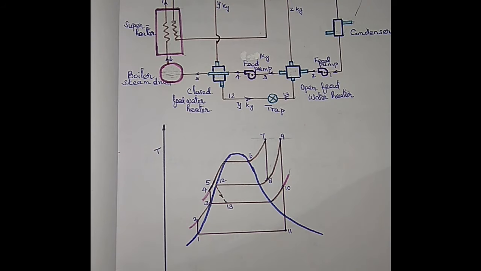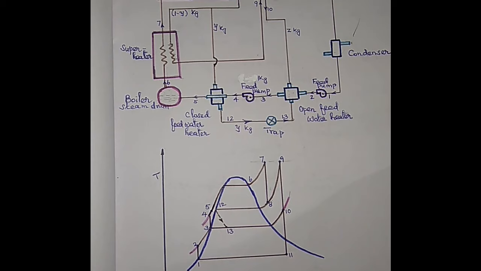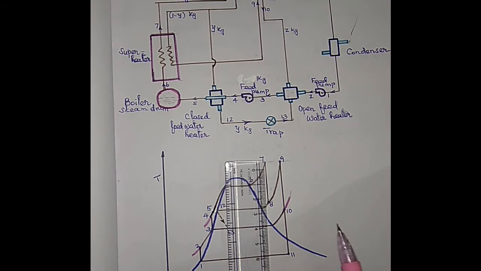If we don't have this system of reheating, if we allow the steam to expand from this pressure to this pressure in only one turbine, what will happen? Can you see this?